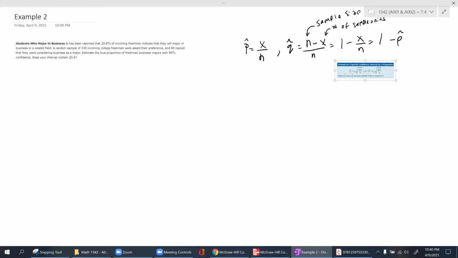For those who are perhaps transferring to U of H main campus, the Bauer School of Business, you can see how it can be used. Estimate the true proportion of freshman business majors with 96% confidence. Does your interval contain 20.4%?